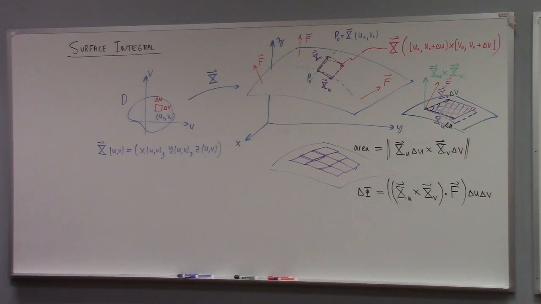And then what we do is we simply add the flux from each little rectangle up, and that gives us a very good approximation to the flux through the whole surface.